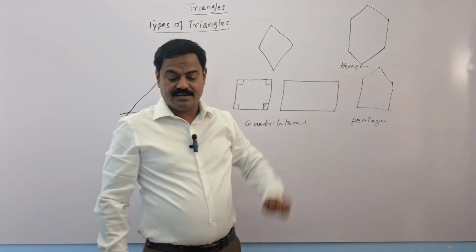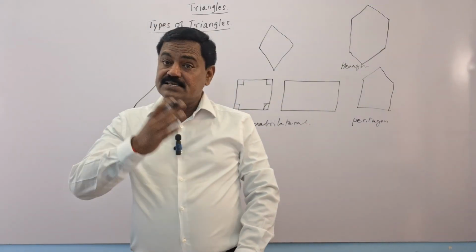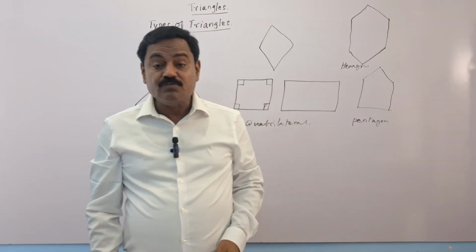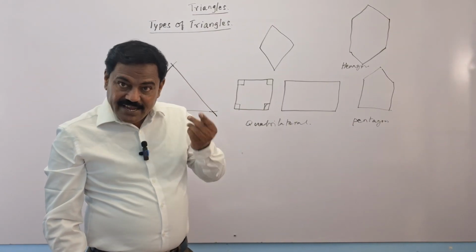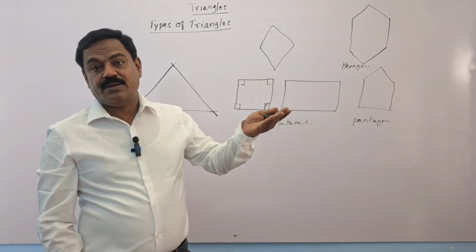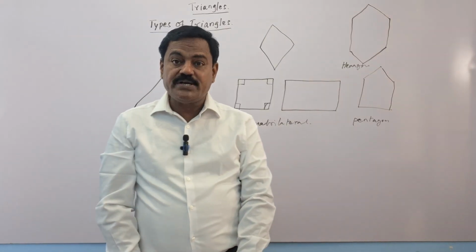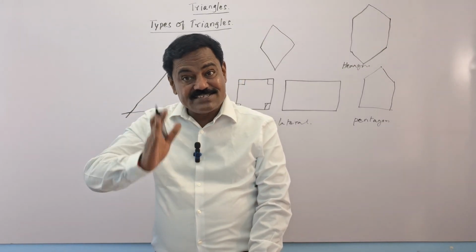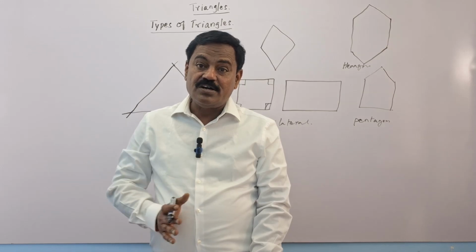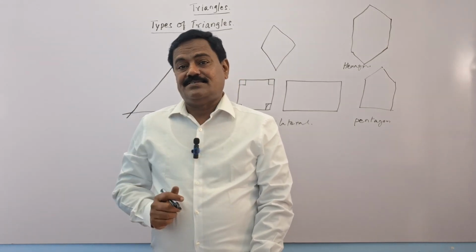Like this, seven lines intersecting is called a heptagon, and eight lines intersecting and forming a shape is called an octagon. When nine lines are intersecting and forming a shape, it is called a nonagon.